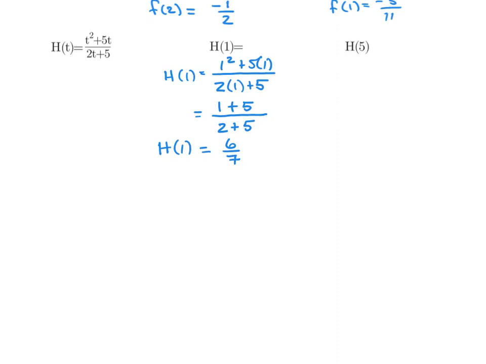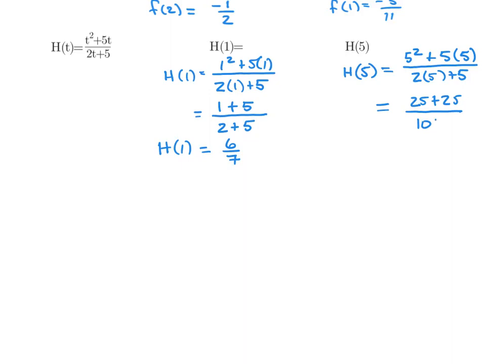All right, let's try h of 5. If we plug in 5 to our function, we get 5 squared plus 5 times 5 over 2 times 5 plus 5. Simplifying it, we get 25 plus 25 over 10 plus 5.